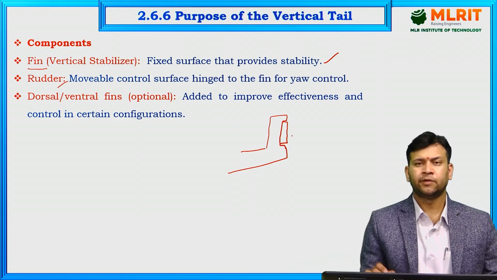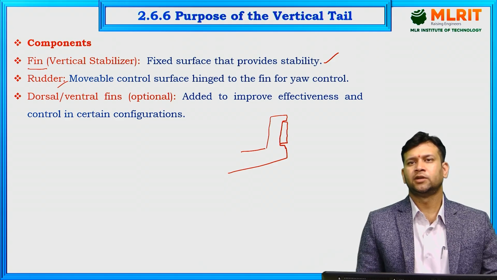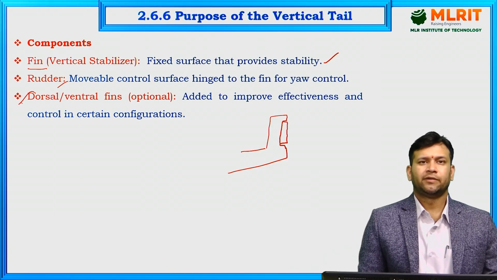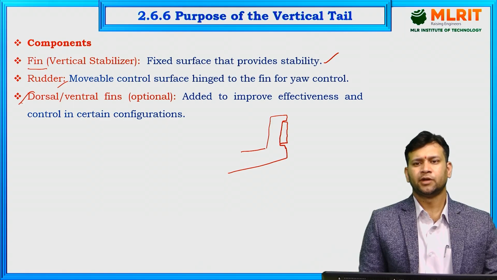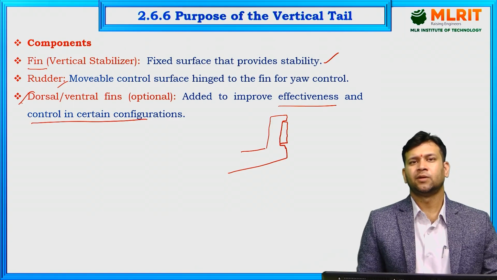This is the rudder. It will deflect to left and right such that we can control the direction. Dorsal or ventral fins are optional, which are added to improve effectiveness and control in certain configurations.